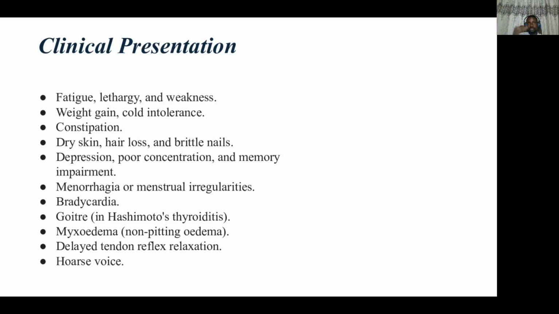This is because of decreased levels of neuronal activity. Insufficient thyroid hormone can reduce the neurotransmitters that are supposed to be released in the central nervous system, and this could lead to depression and poor concentration, the nervous symptoms.